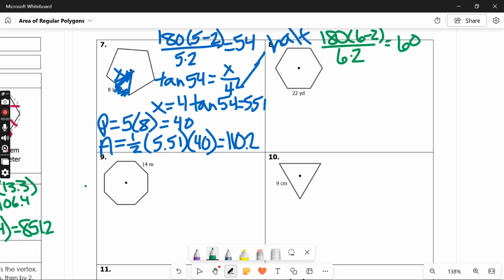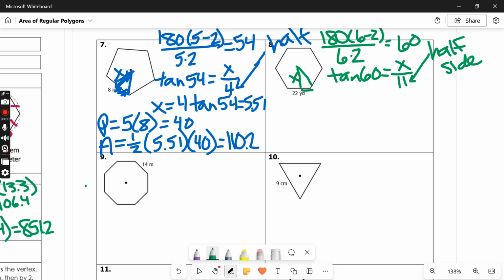Then I'm going to set up my tangent. So this is my triangle. I'm going to do tangent of 60 is equal to x over, remember it's half your side, so if you need to make a note, this is going to be half your side.